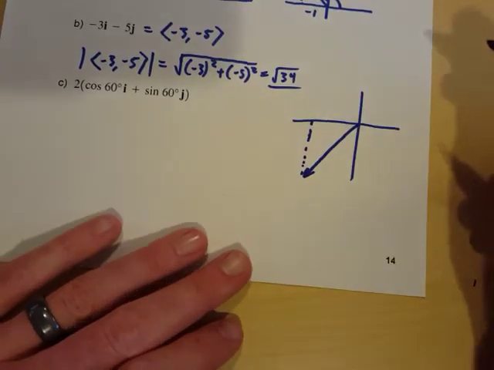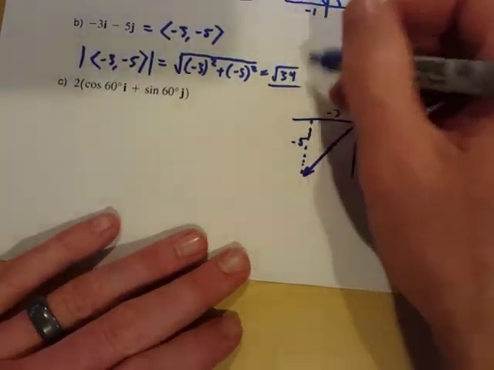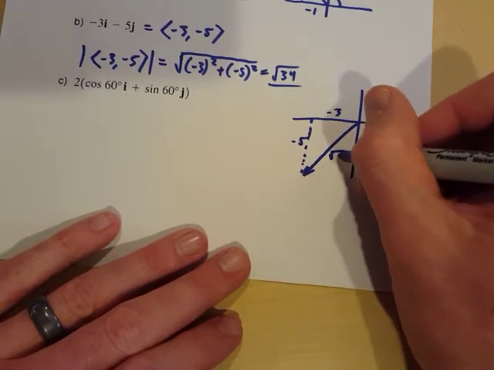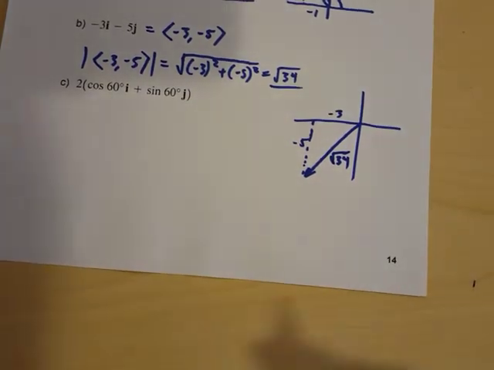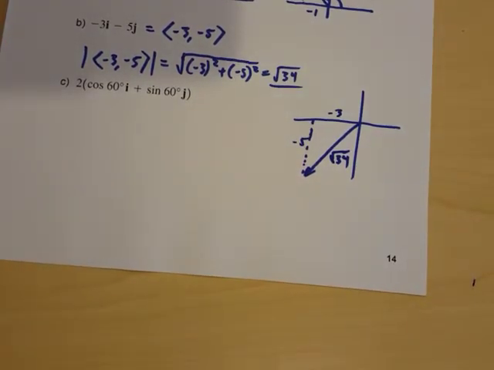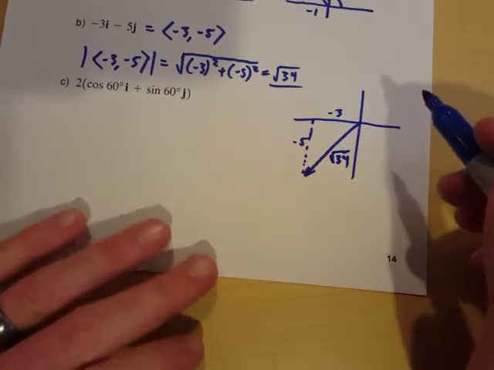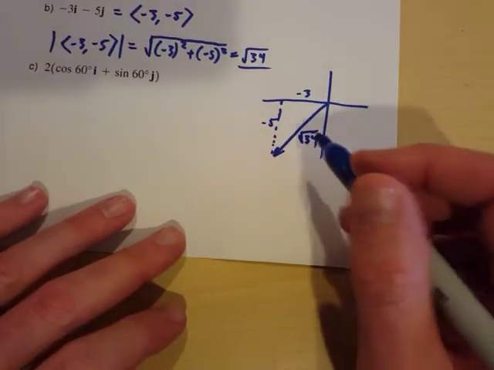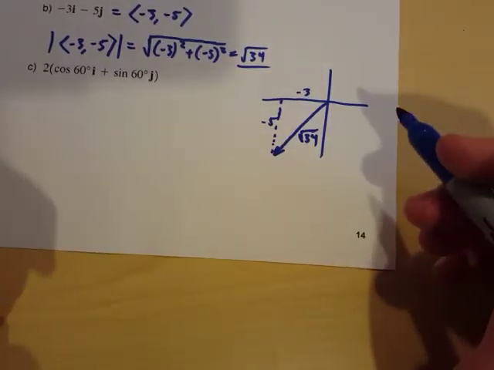And we'll address that. So we have -3 and -5, and if we want to put our hypotenuse in there, we found the magnitude, which is the same as the hypotenuse, but this is in quadrant 3. And if you remember, none of our inverse trig functions worked in quadrant 3. So we have to somehow adjust for that.